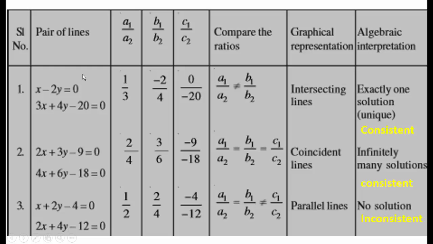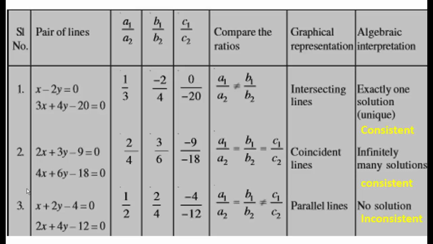This is my pair of linear equations, and you know that the general form of the equation is a1x plus b1y plus c1 equals 0, and a2x plus b2y plus c2 equals 0. This is my general form of a pair of linear equations.